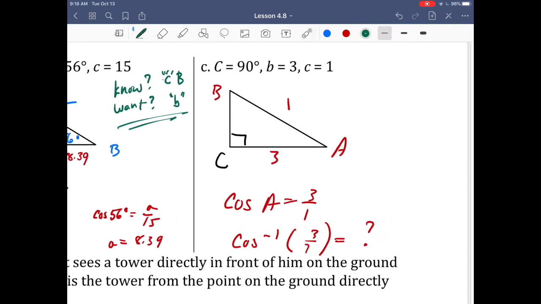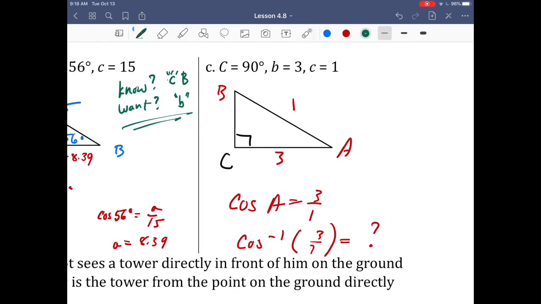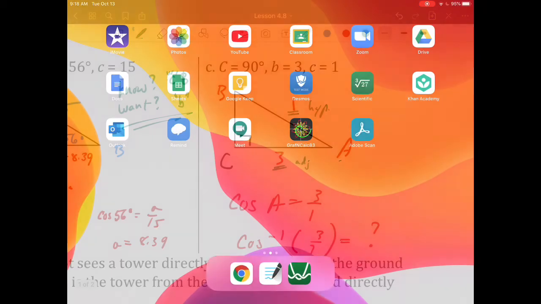For part C, yeah, you can't do this one. If you set it up according to the problem, you get a leg of 3 and a hypotenuse of 1. Impossible. The hypotenuse has to be the longest side, and if you didn't pick up on that, perhaps you did something like setting up the cosine of A as equivalent to the adjacent over the hypotenuse.